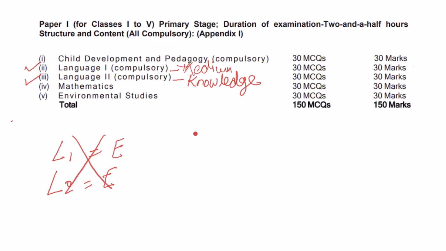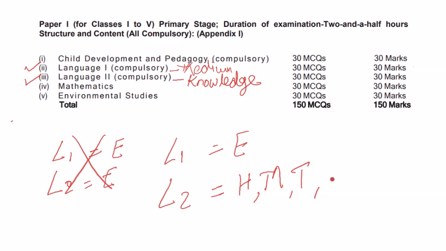So you have to choose one language for language 1, let's say English, and another language for language 2, it could be Hindi, or any of your regional languages, Malayalam, Tamil, Urdu, etc. So you can choose all these languages.